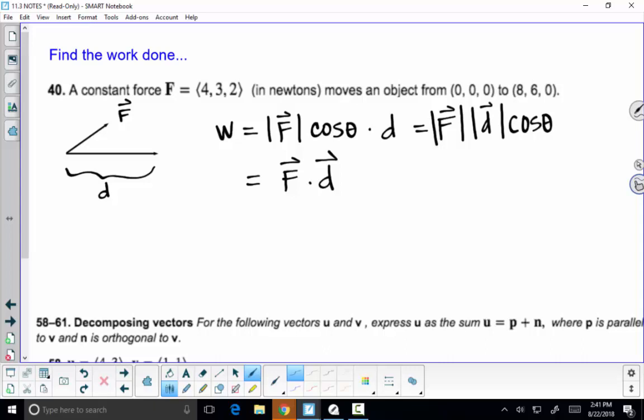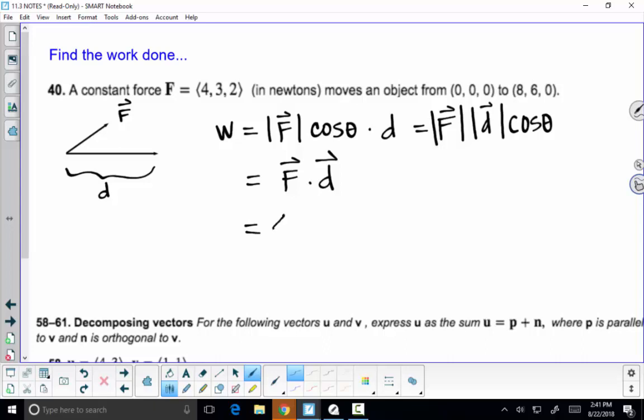We can get rid of theta if we turn the displacement into a vector of its own. If we can write the displacement as a vector and the force as a vector, we don't have to deal with theta. We don't have to deal with projecting the force. We don't have to find the component of force in the direction of motion anymore. We can back out of the theta and just deal with components.